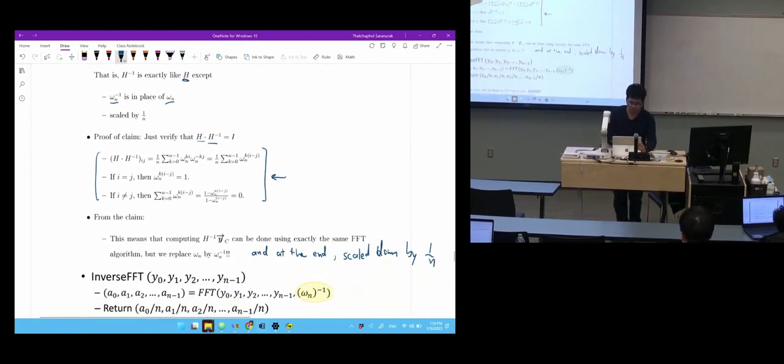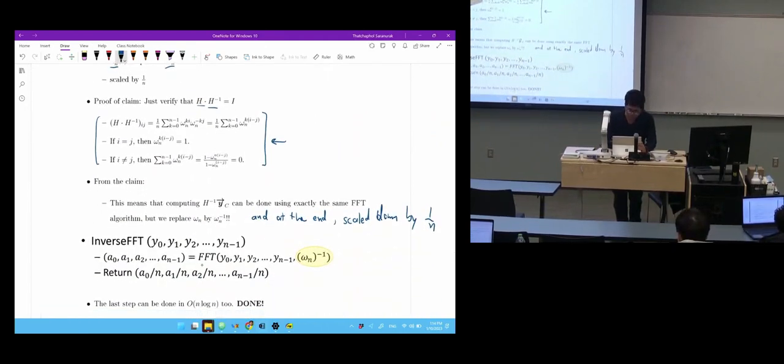So if you want to compute H inverse times some vector y, to get the coefficient vector, just do the same FFT algorithm, except that you replace omega n by omega n inverse, and then scale everything down by 1 over n.